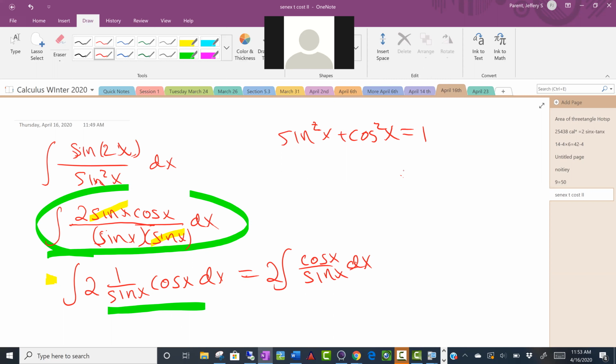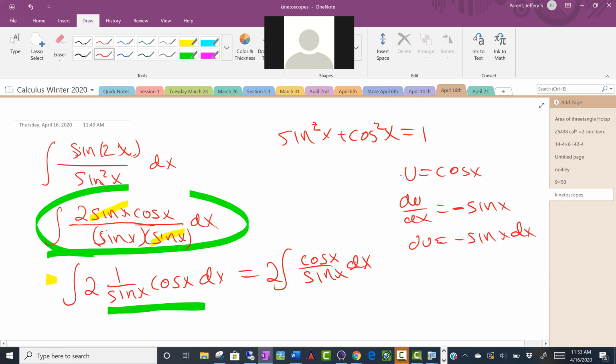Let me show you what can go wrong with a u-substitution. If I let u equal cosine, then du by dx would equal minus sine of x, and du would equal minus sine of x dx.